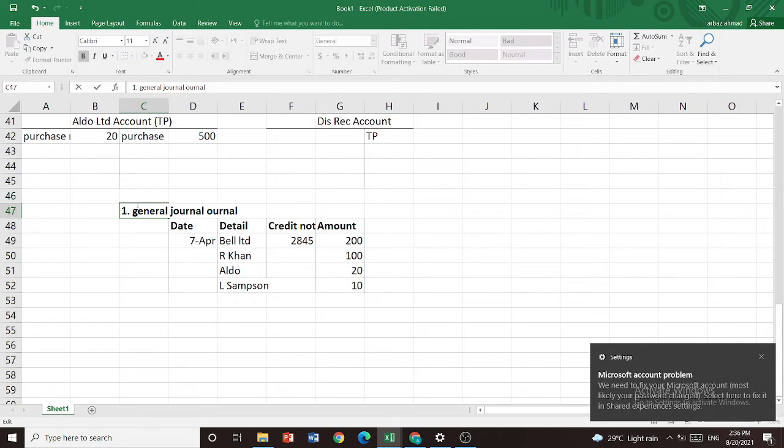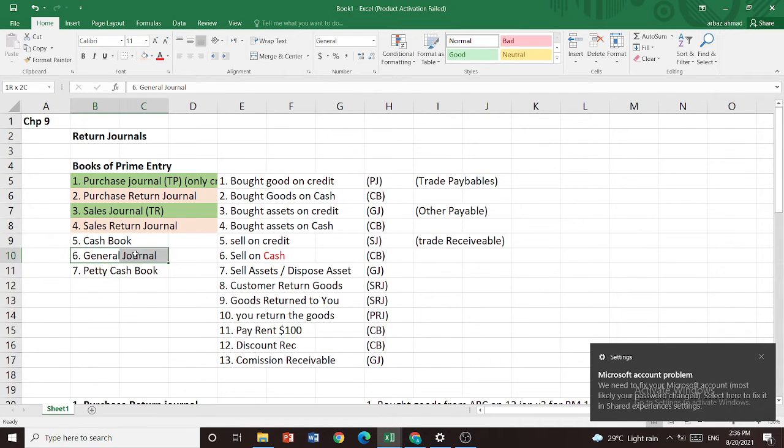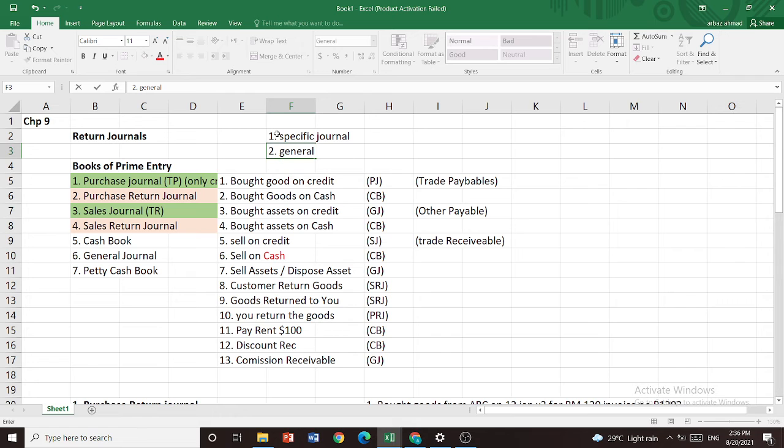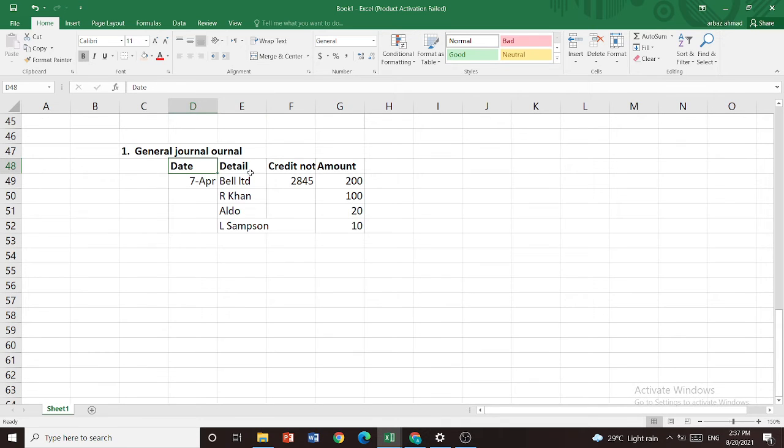Now the one I am explaining you right now is this one. So from this category, I told you we have two types of journal. One is specific and the other is general. So how is it different from the normal journal?